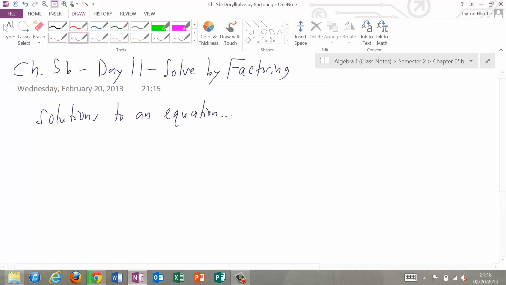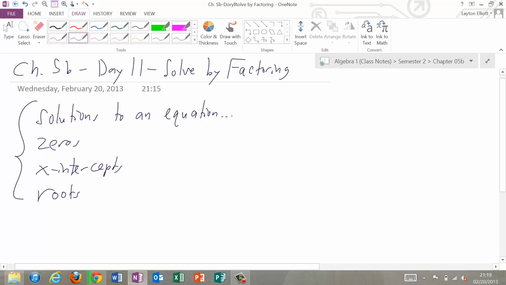When we talk about solutions to an equation, we're also talking about, these can also be called zeros, x-intercepts, or roots. These are all synonymous, meaning they all mean the same thing. And when I say solutions to an equation, we're talking about an equation in one variable, a single variable equation.